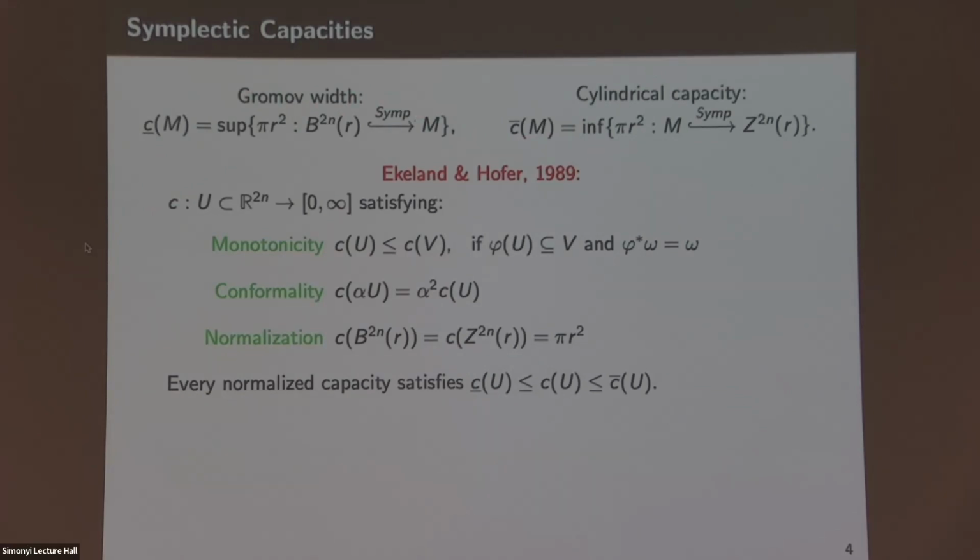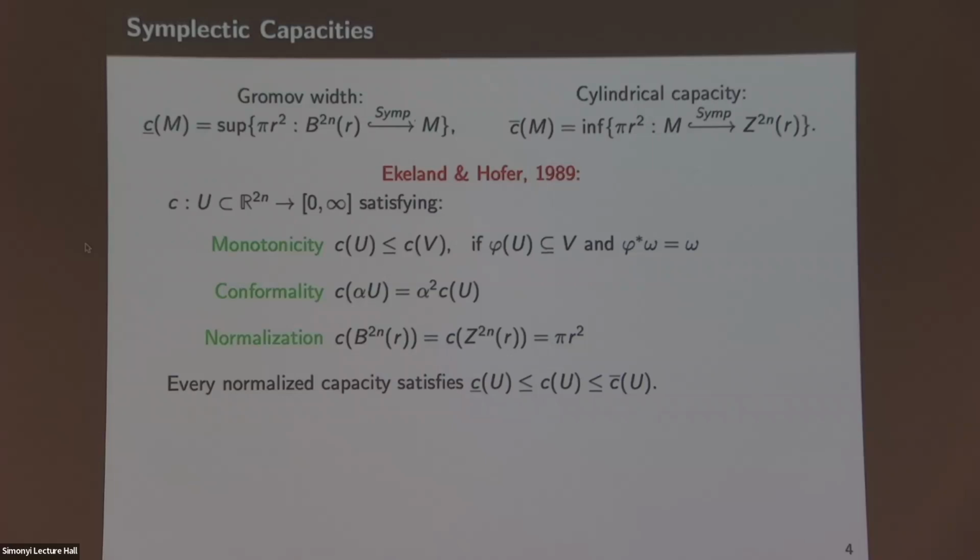One can extend this to any function which gives a value to a set and satisfies these axioms. In general, we want to think about symplectic capacities as a size of a set, something which represents the size. So we want it to behave nicely with respect to inclusion, smaller if it can be embedded in, and nicely with respect to rescaling.